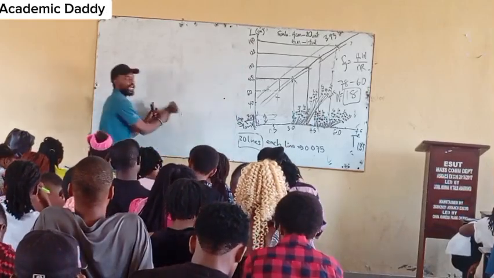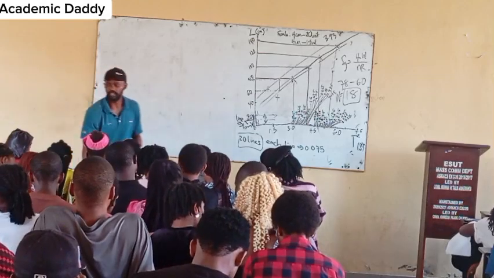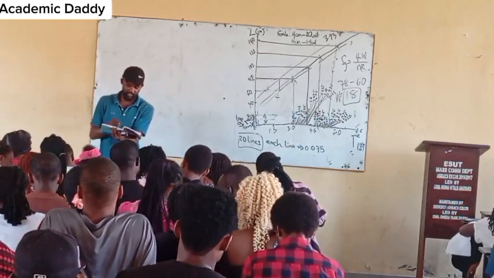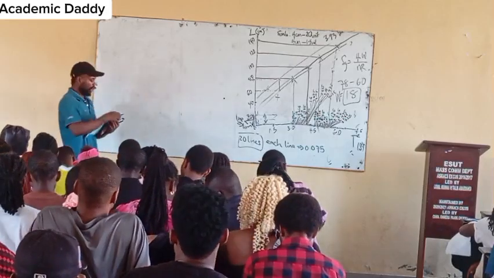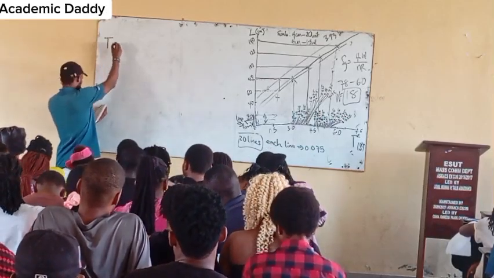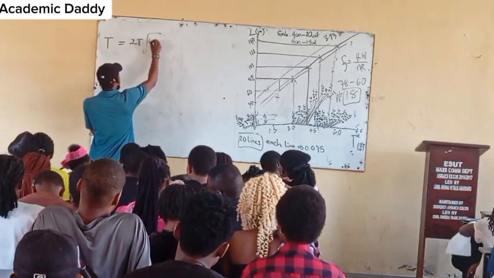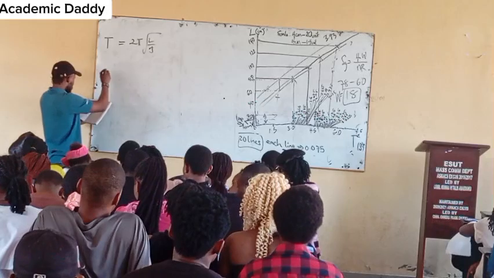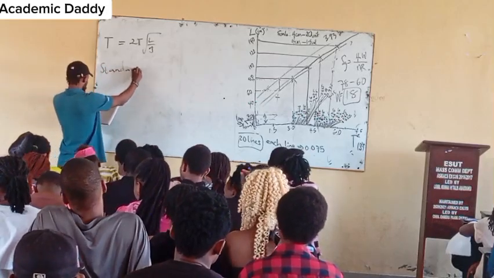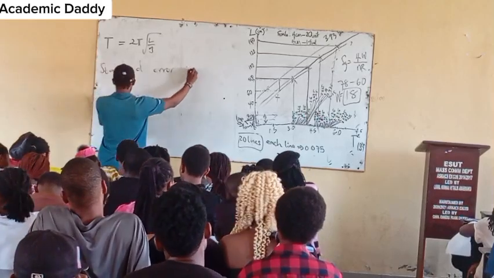What I will find here is the slope and the standard error. They give me T equals 2 pi root L over g, then they ask me for the standard error in g.